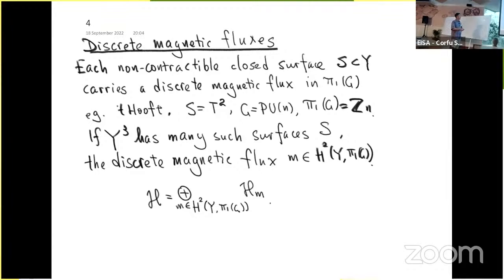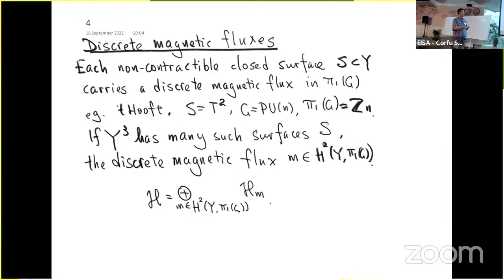Now, suppose we have a non-contractible closed surface inside this three-manifold, our space. Each such surface carries what is called a discrete magnetic flux, and this was essentially due to 't Hooft, although he considered the special setting where our closed surface is a two-torus and the gauge group is a projective unitary group, SU(N) mod its center Z_N.